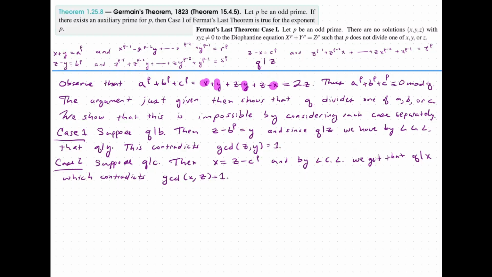And so it remains to check the last case, case 3. So we're going to now suppose that q divides a. Then we come up here, x plus y is equal to a to the p. So we have that a to the p, which is equal to x plus y, is going to be congruent to 0 mod q.